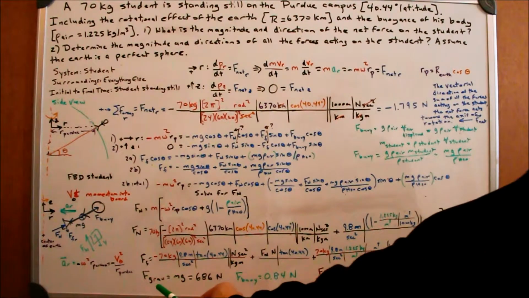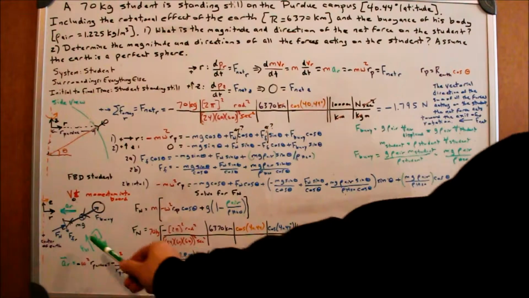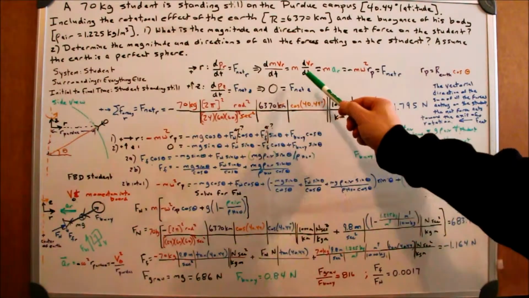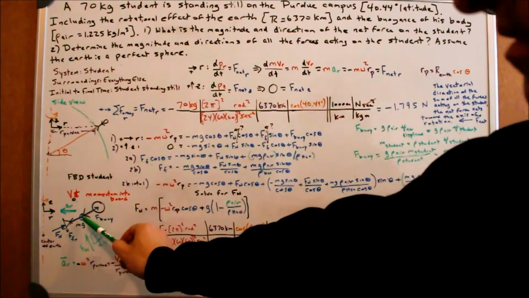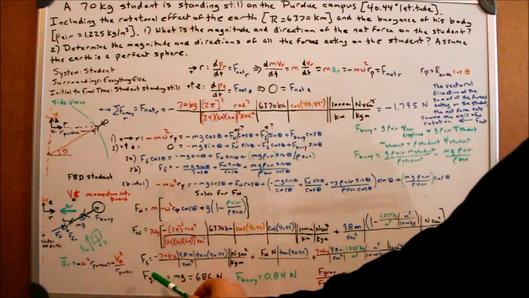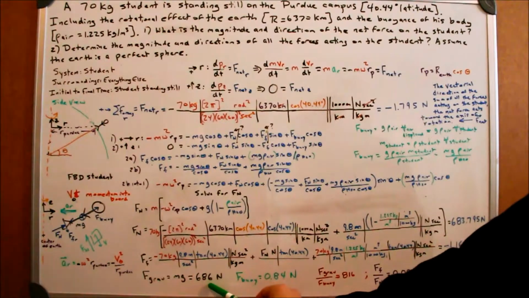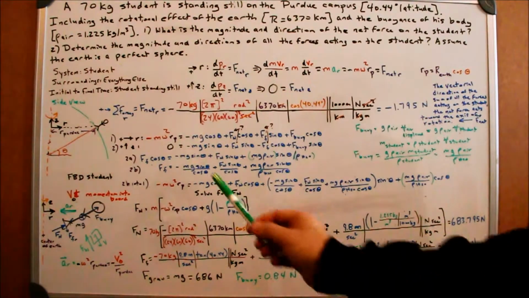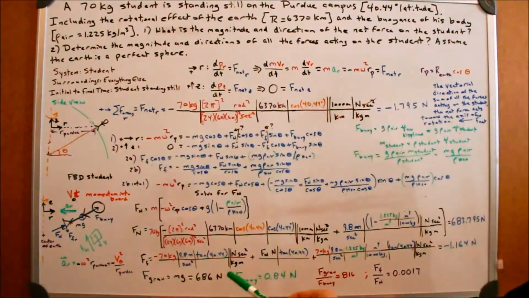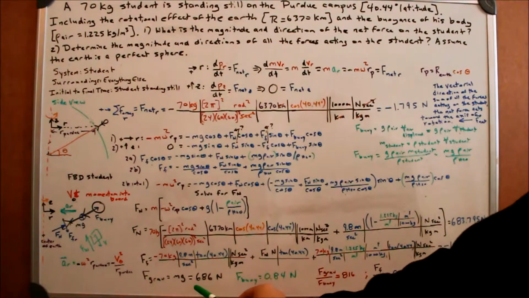Now F_g is just the gravitational force, that's mg. So we can say 686 newtons was just 9.8 times the 70, and you can see the ratio between these two. In the traditional view of the world, where nothing's moving and the coordinate system is on the Earth, you would say F_n is this.